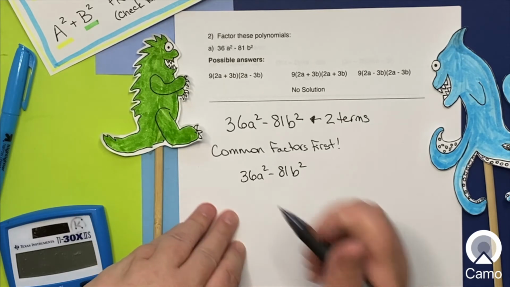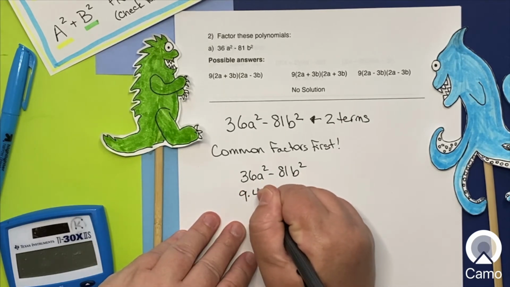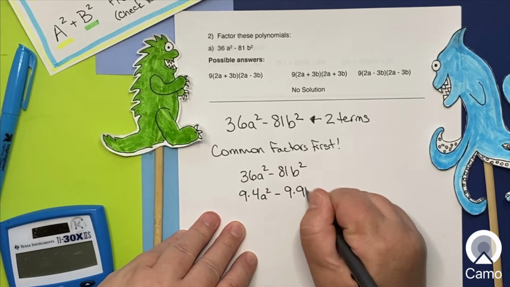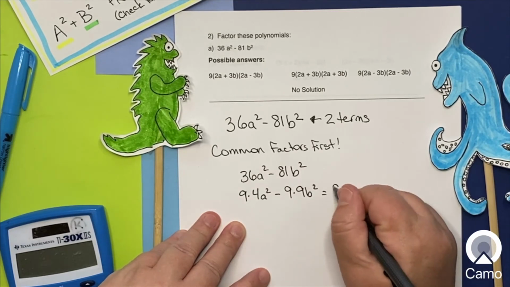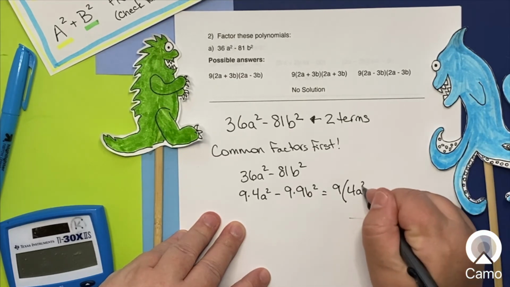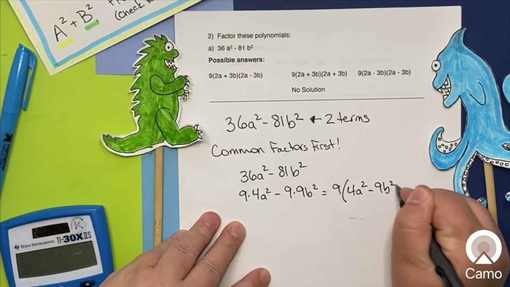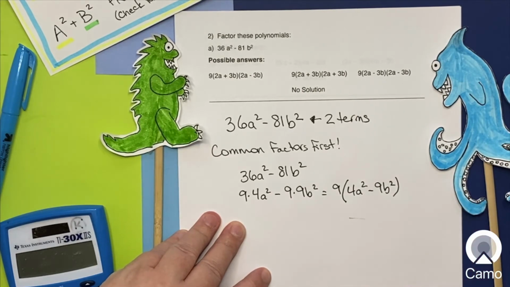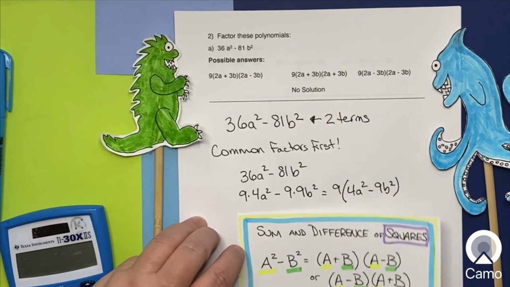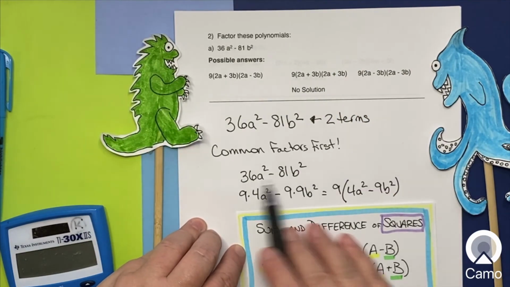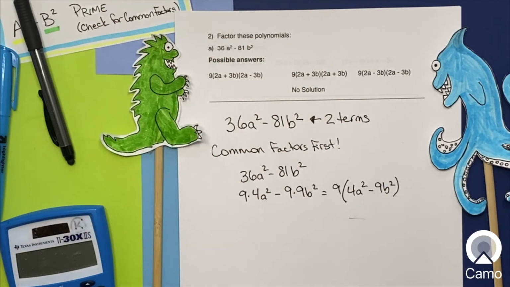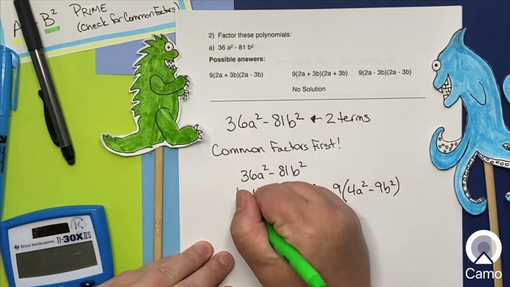They actually have a common factor of 9. So I can factor out the 9, and then I have 4a squared minus 9b squared. So even though this looks just like a difference of 2 squares right there, make sure you always check that common factor, the common 9.